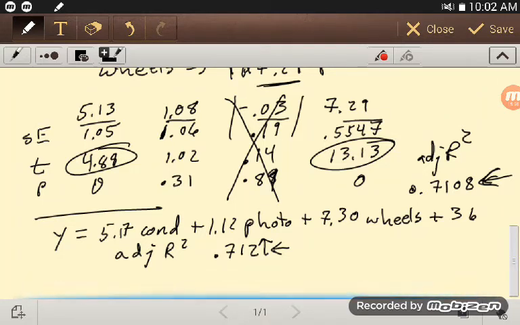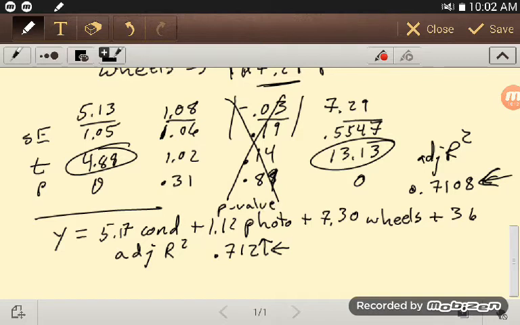And so now I'm kind of running out of room here, but when we look at this again, what we see is that the p-value for the photos is still, in this case, 0.27.